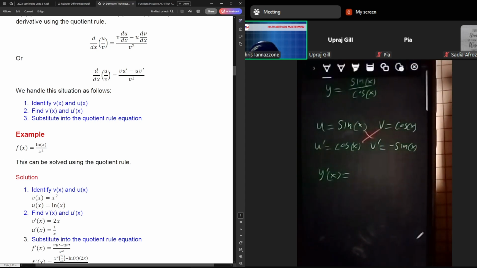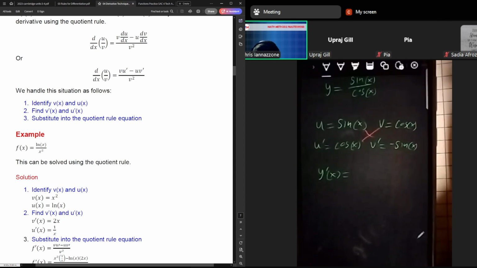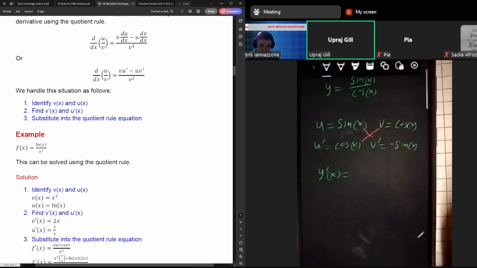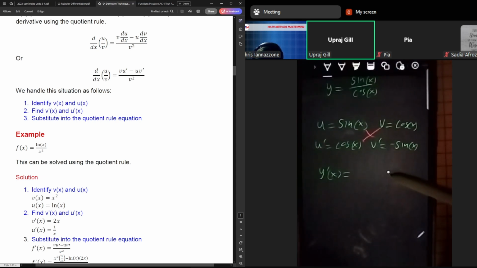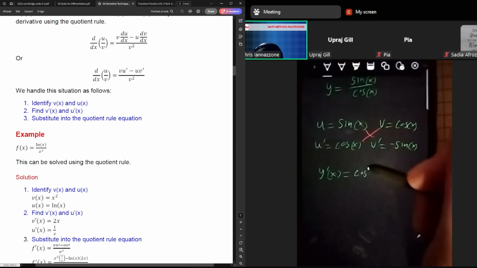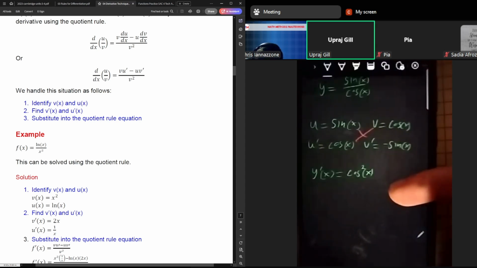You can already kind of see it. So obviously it's going to be cos squared x on the top. Yep, that's our cos x times cos x. And then there's negative sine x squared, but a minus and a minus make a positive.